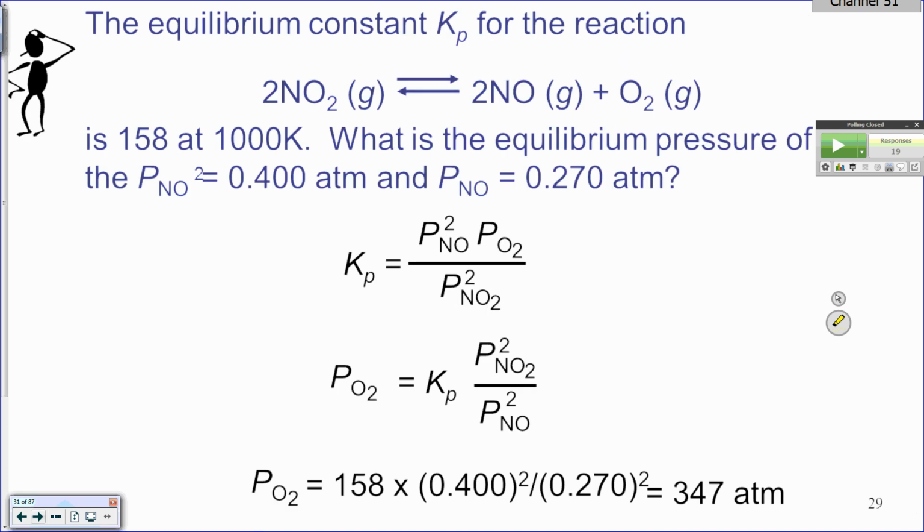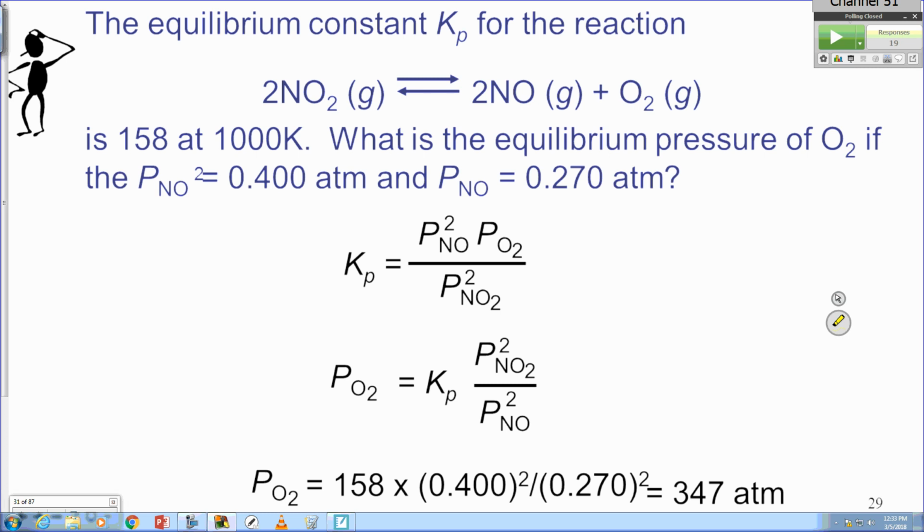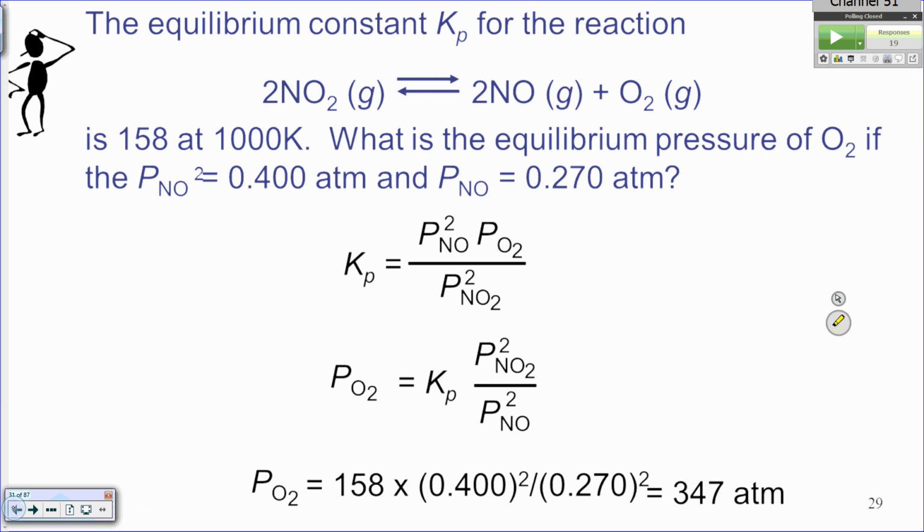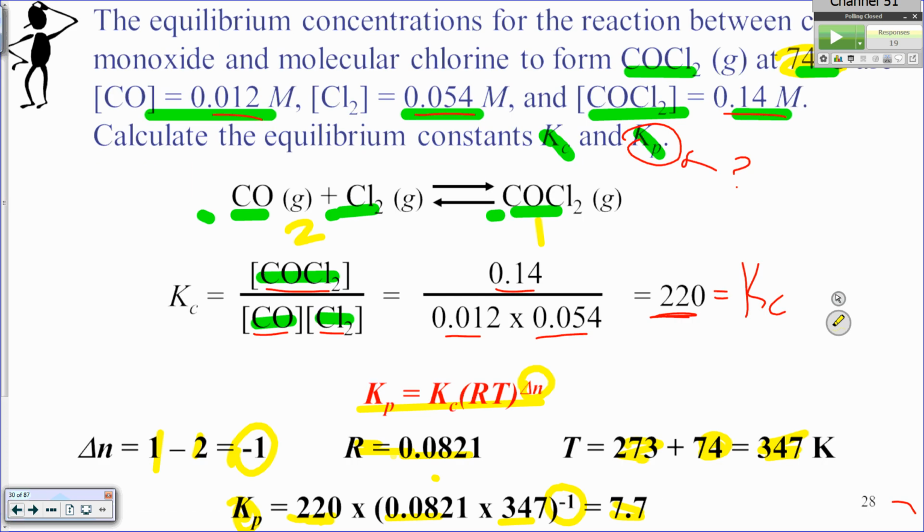Another example. Sometimes we're going to be given pressures. So the critical thinking aspect that I want you to think about, going back to this system, is that any of these could be variables I could ask you for, including K sub P, or even temperature in this system.